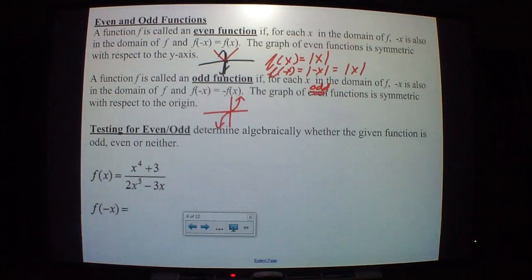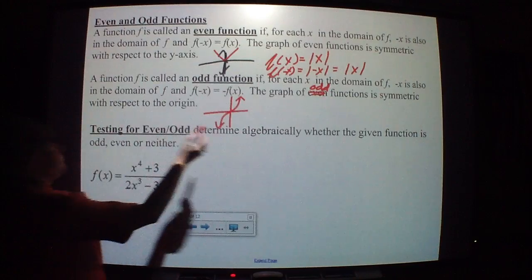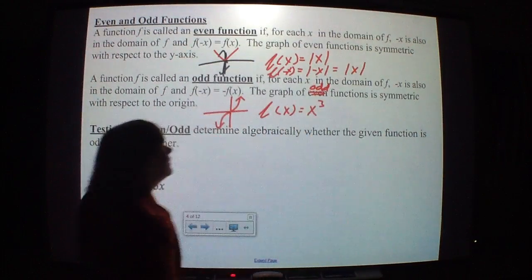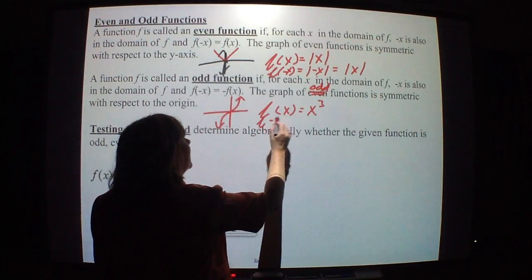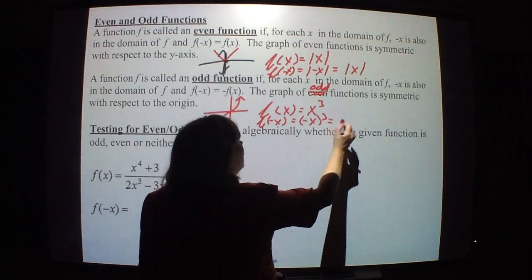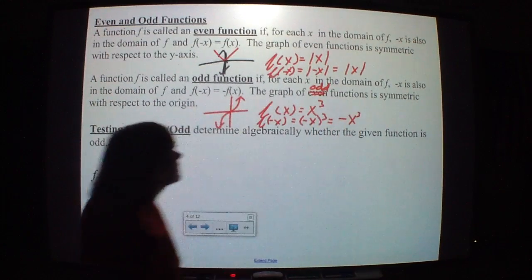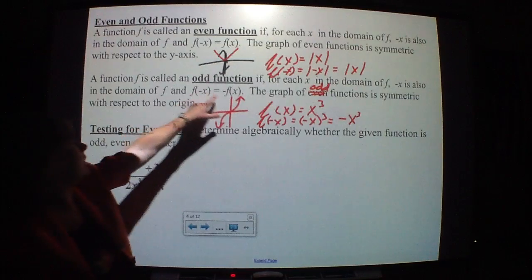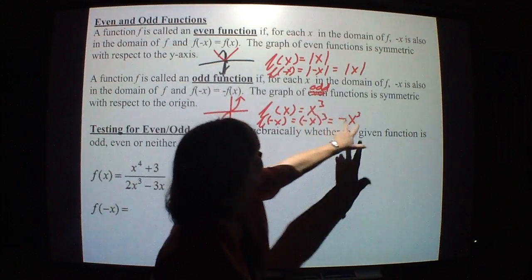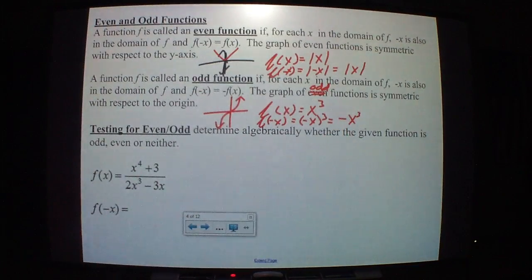That's an odd function. This is f of x is equal to x cubed. If I plug in negative x, I get negative x cubed. So here I plugged in a negative and got the negative of my f of x. So there's an odd function.